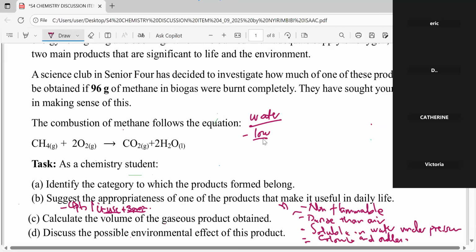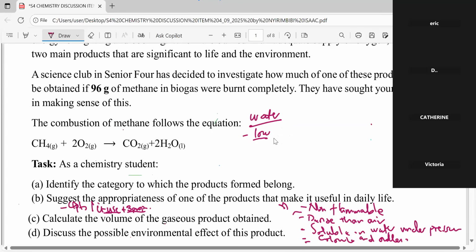I gave it with a reason. It has a low boiling point, and therefore it can be used for cooling machines.